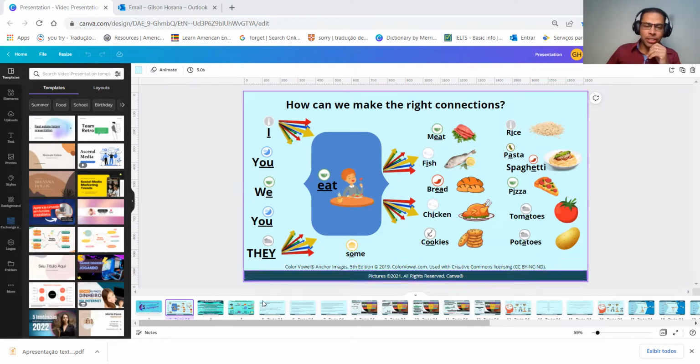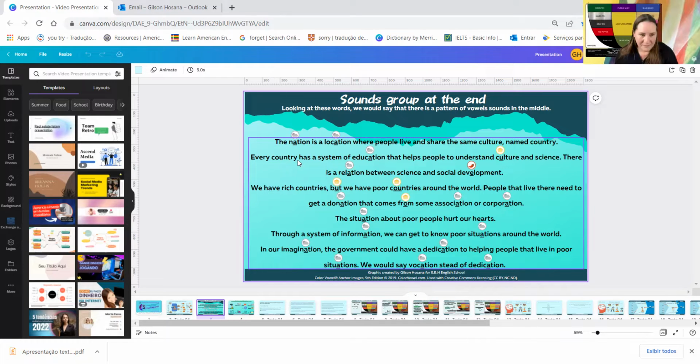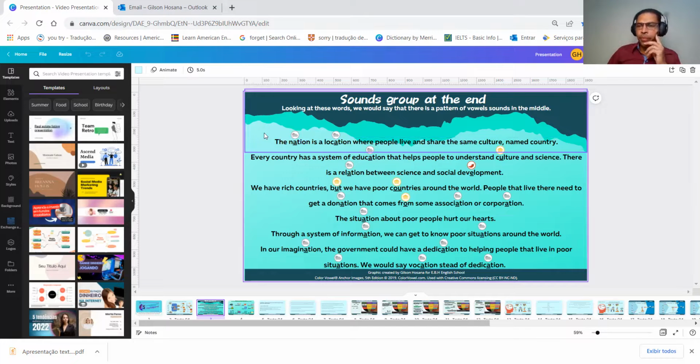Let's go ahead. I will share another screen that we can see some important words here. Here we have a lot of grade A words. We have many ways to use this slide. For example, come with me one more time, Anna, please. Let's pronounce these words with A sound here.